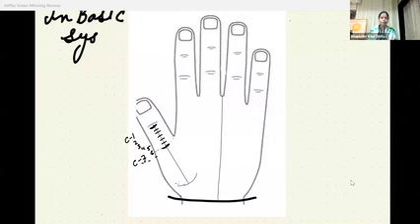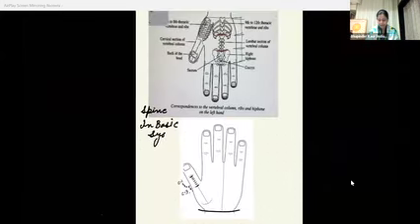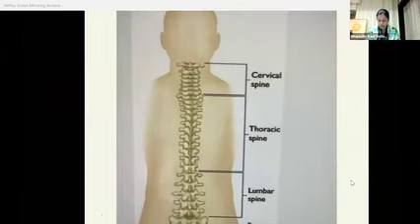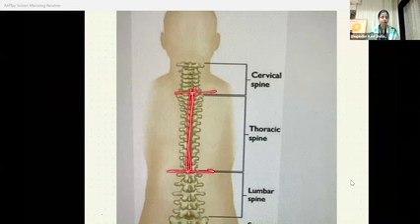Now thoracic has 12 vertebrae, and because of this tilted thumb, thoracic, you see, in our body this is straight, thoracic 1 to thoracic 12. This is straight, but on the hand, the thumb is tilted down.